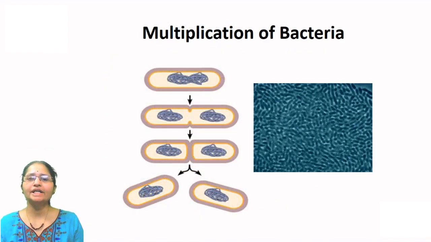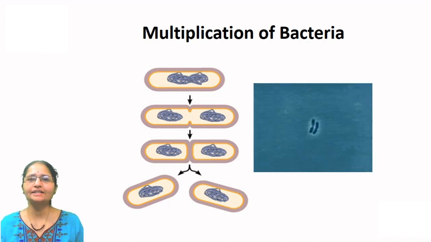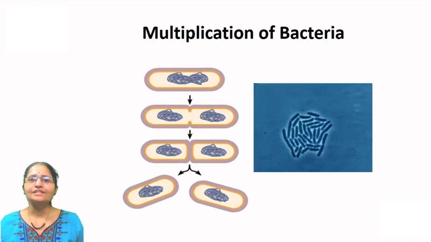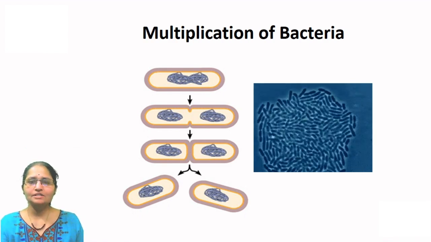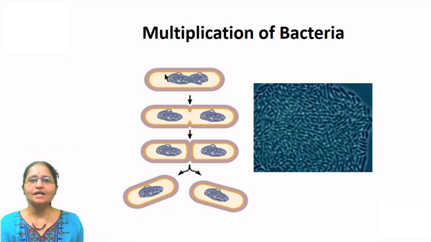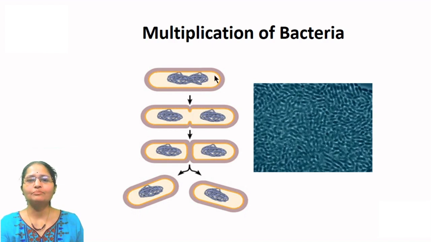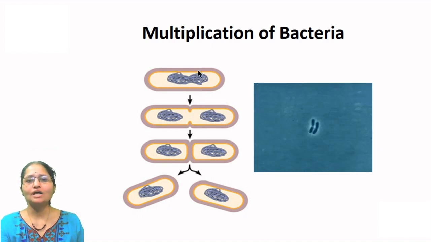Students, we have already seen that bacteria come under prokaryotes. They are of course unicellular, and that cell is a prokaryotic cell. Now in this diagram you can see how one single bacterium divides into two.